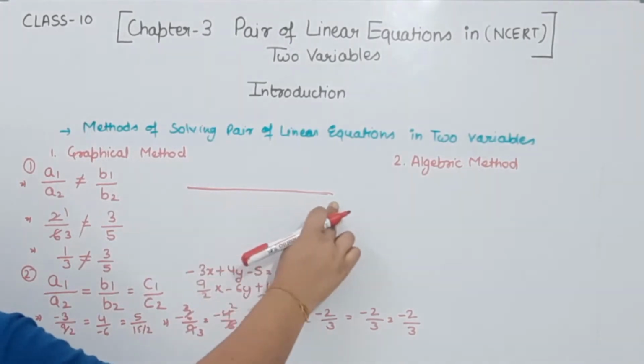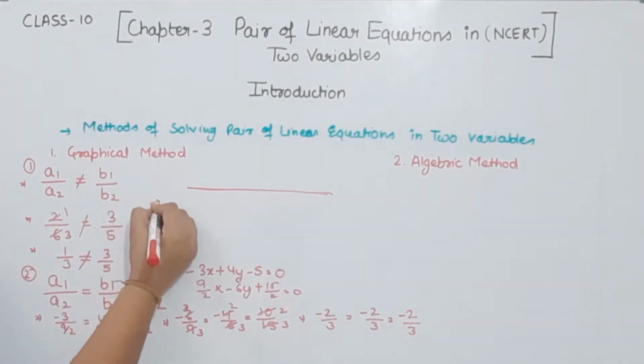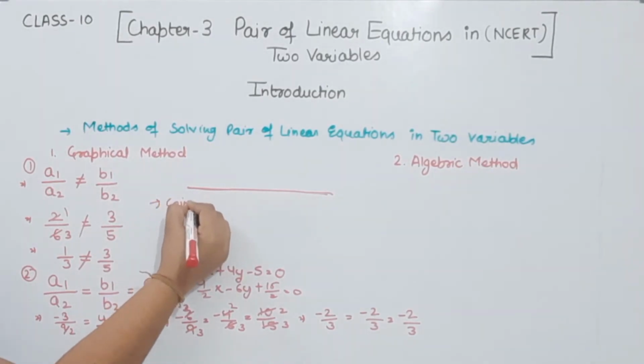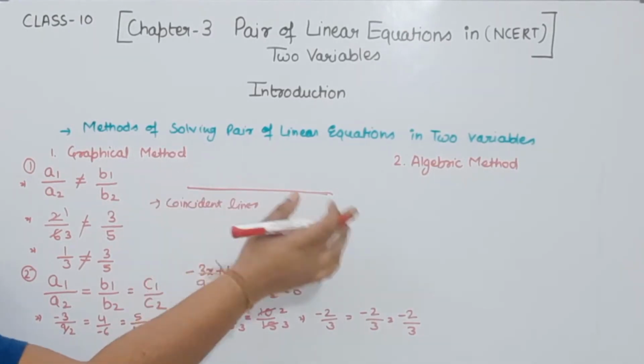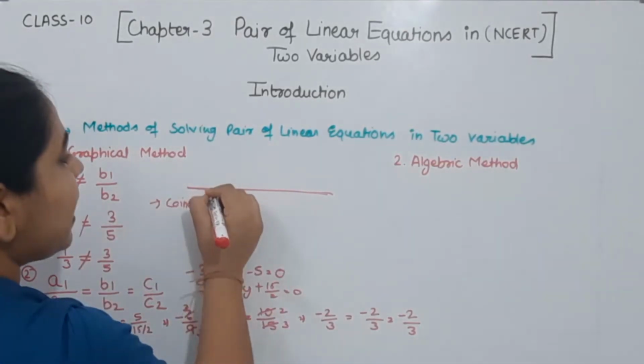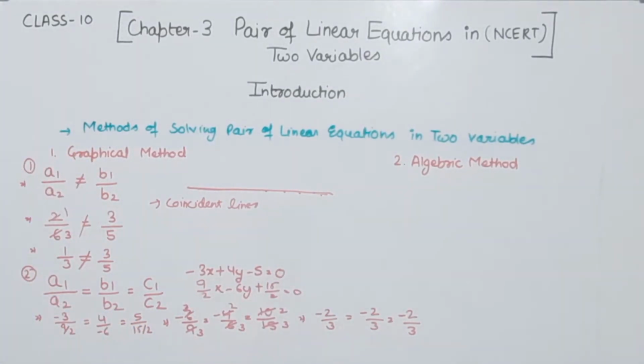They lie on each other. Now these lines are coincident lines. So I'm going to write here, they are coincident lines. That means they have many solutions because both have the same solution.